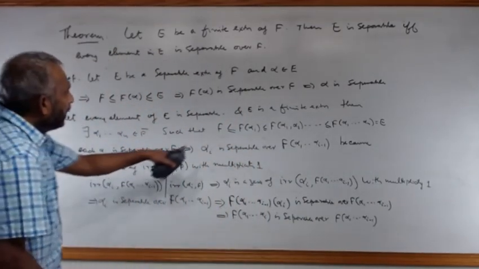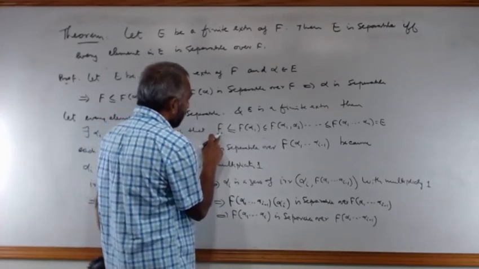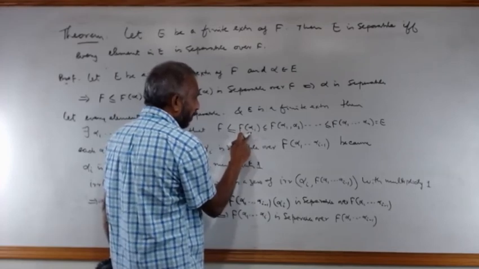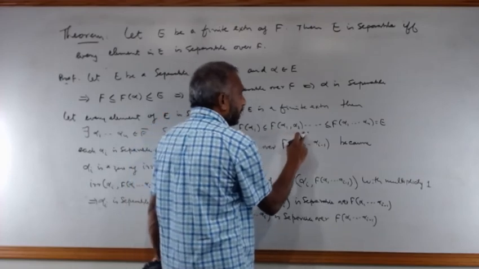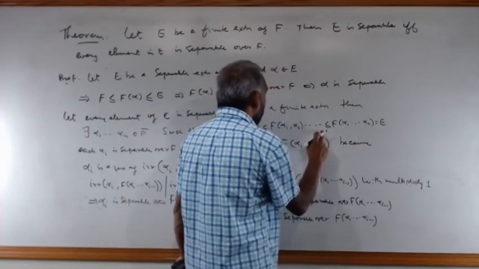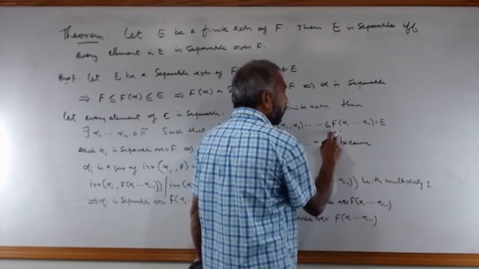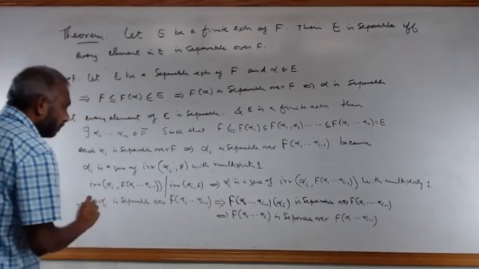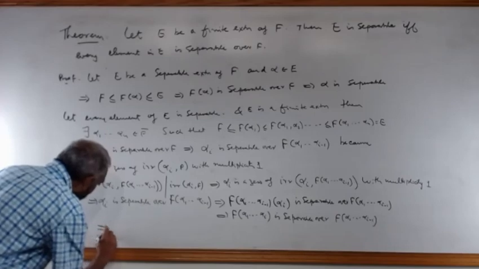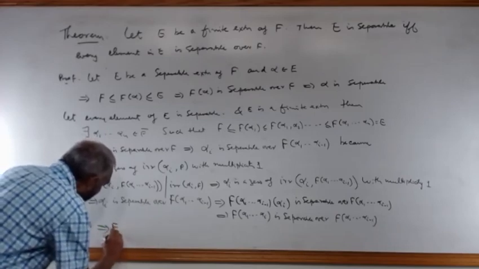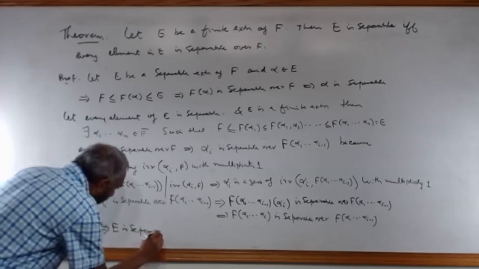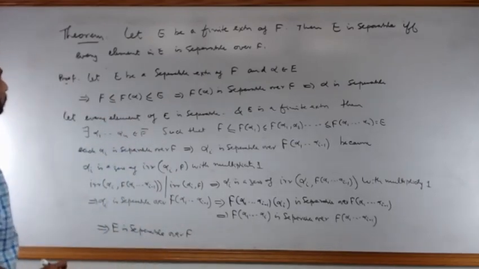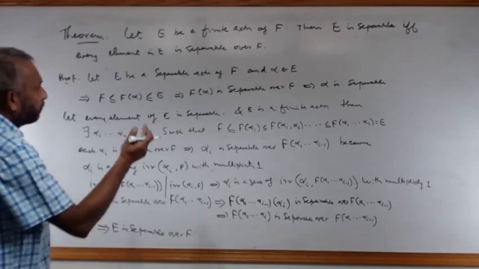So here what I am saying is F(alpha 1) is separable over F, F(alpha 1, alpha 2) is separable over F(alpha 1), and so on, up to F(alpha 1, ..., alpha n) is separable over F(alpha 1, ..., alpha n-1), which is equal to E. So that implies E is separable over F, because of the earlier result.